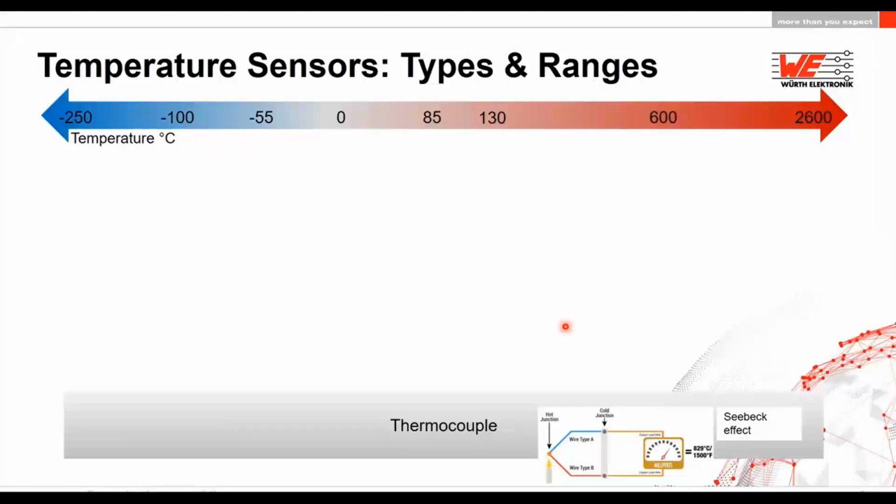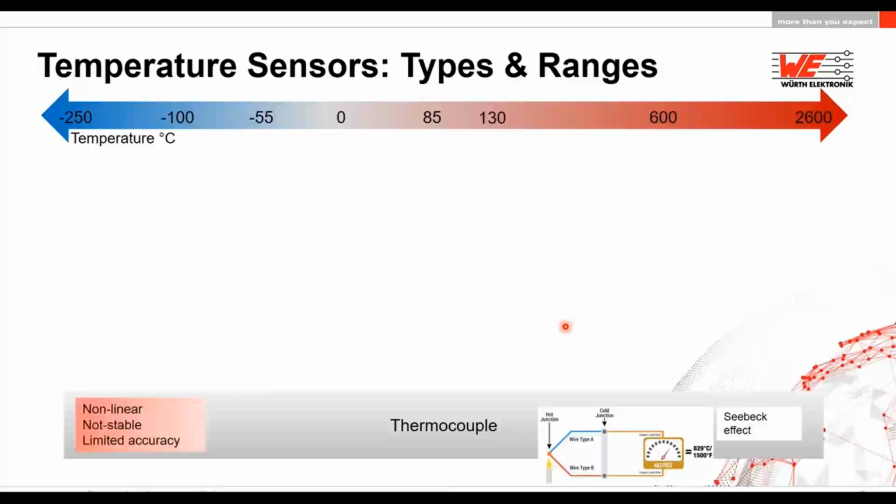Thermocouples are nothing but two different types of metal tied together, and because of the Seebeck effect, the thermal conductivity is different, so they produce some millivolt output that can be directly linked to the temperature. Basically, the thermocouple uses a reference temperature as a cold junction, and the hot junction is the temperature you measure with respect to the temperature of the cold junction.